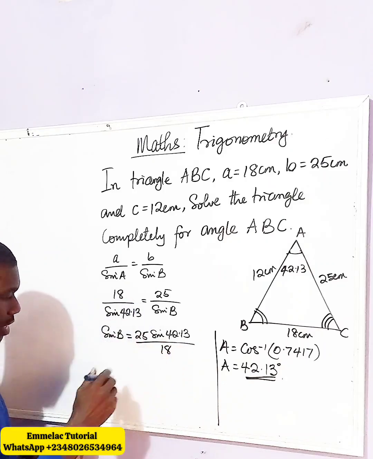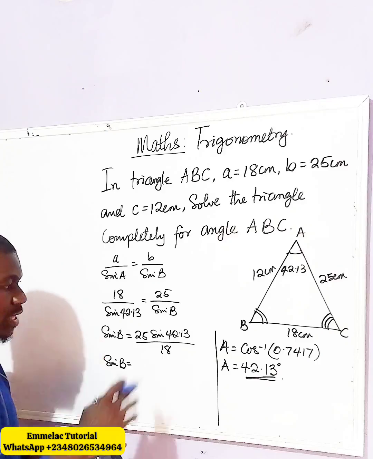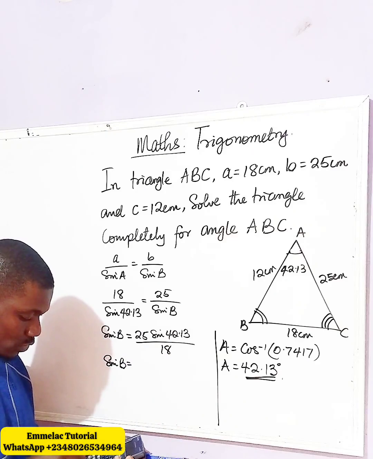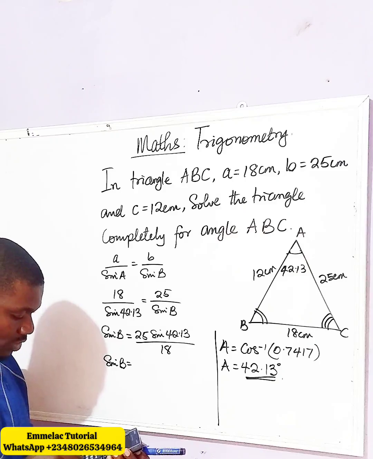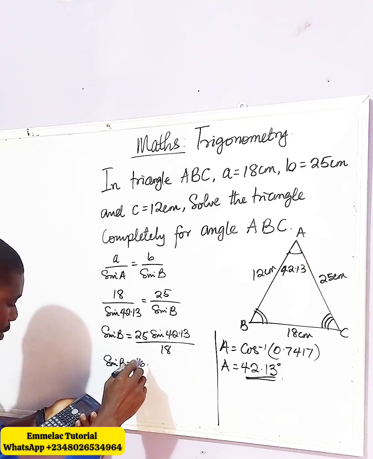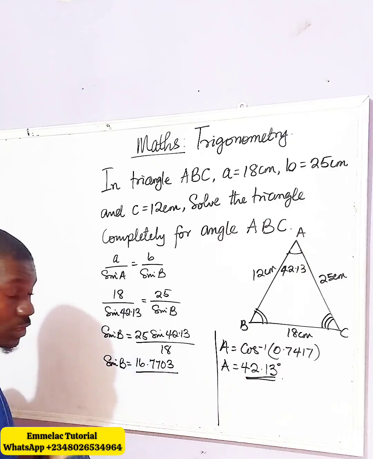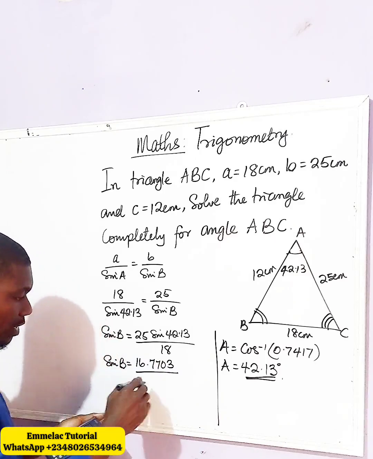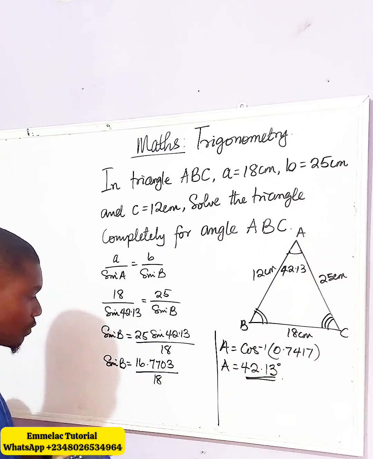So let's find sine 42.13, then times 25. That should give us 16.7703. Always put your values to 4 decimal places, to help you get closer to the actual value.